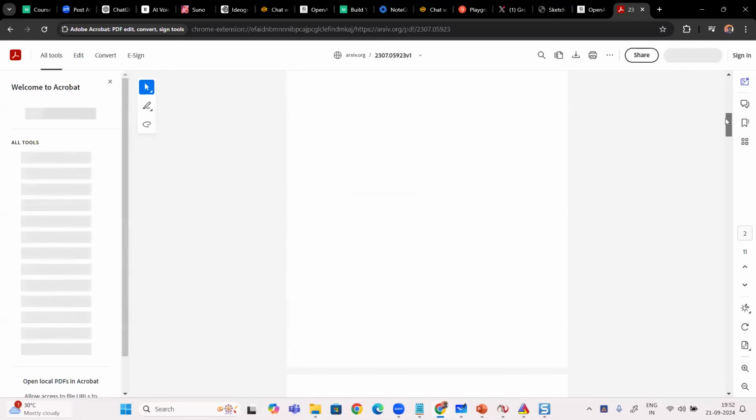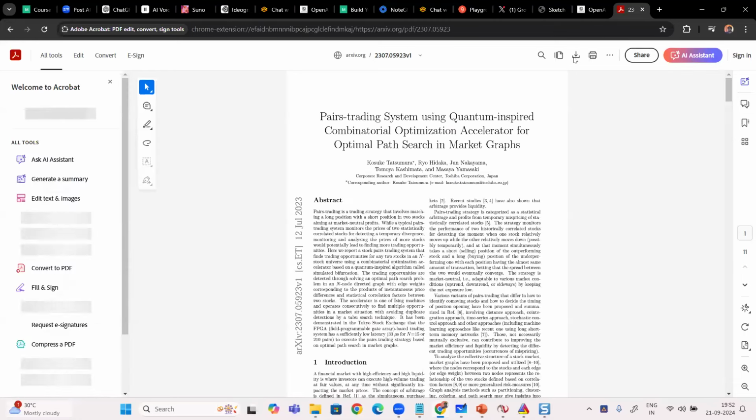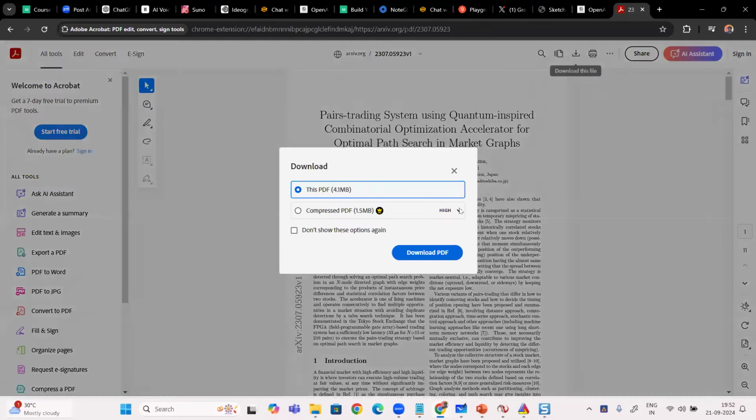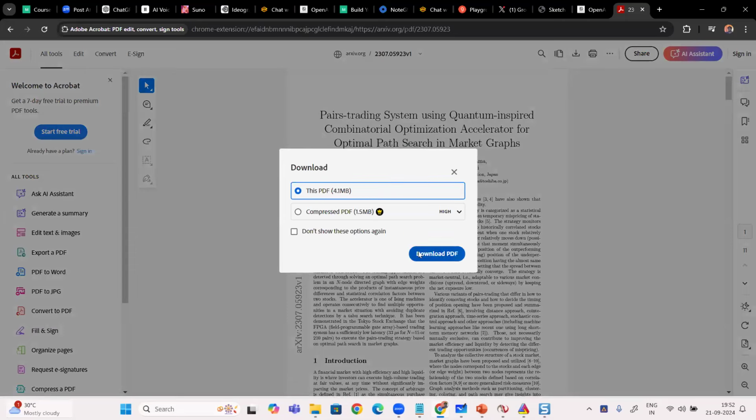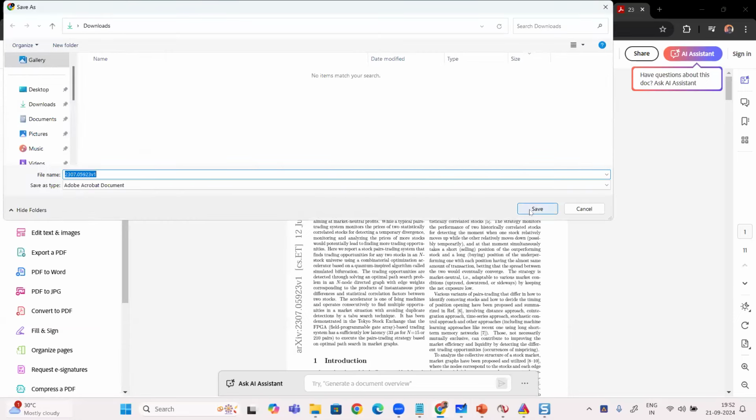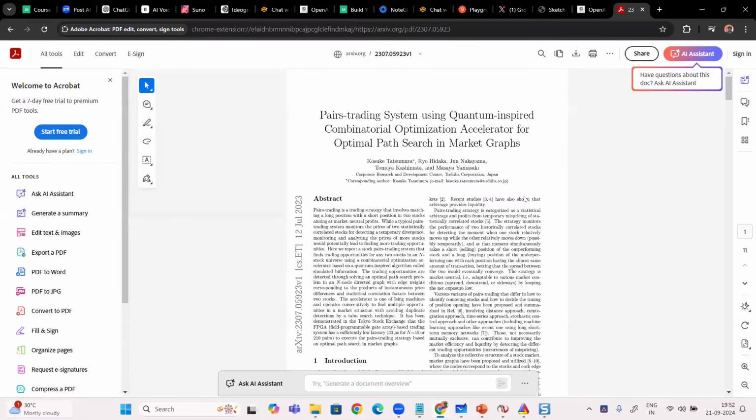This is like a summary of the paper. Let me save this as well. Almost 4 MB of data it is. Just save this. Okay, so it got saved.